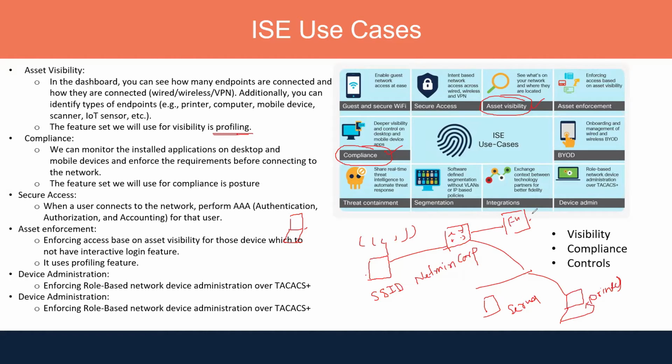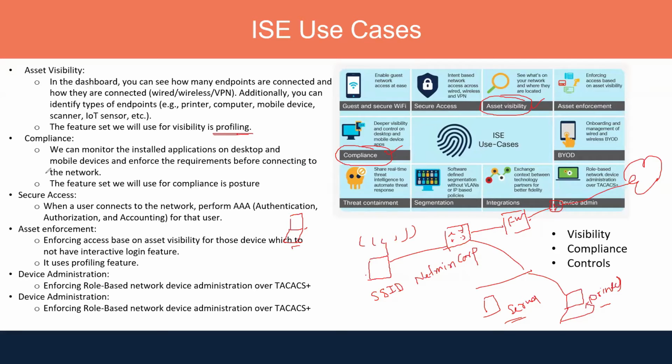This is a firewall, this is a router, and further this is connected to the internet. Now let's say you have a company user who has a company laptop, and he wants to access the internet, and he also wants to access your internal resources.